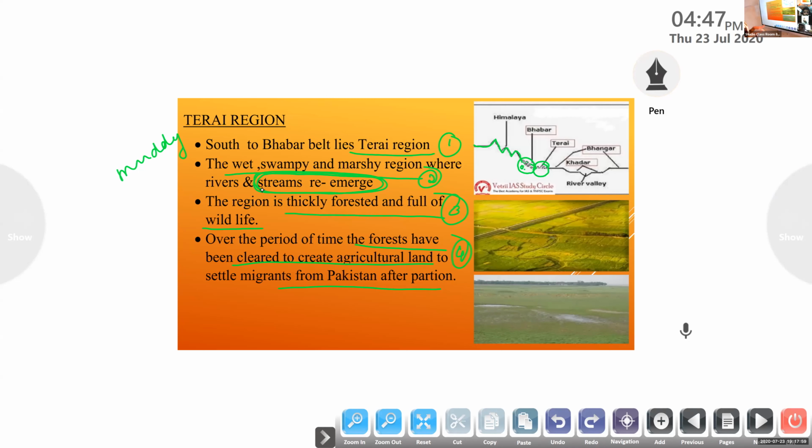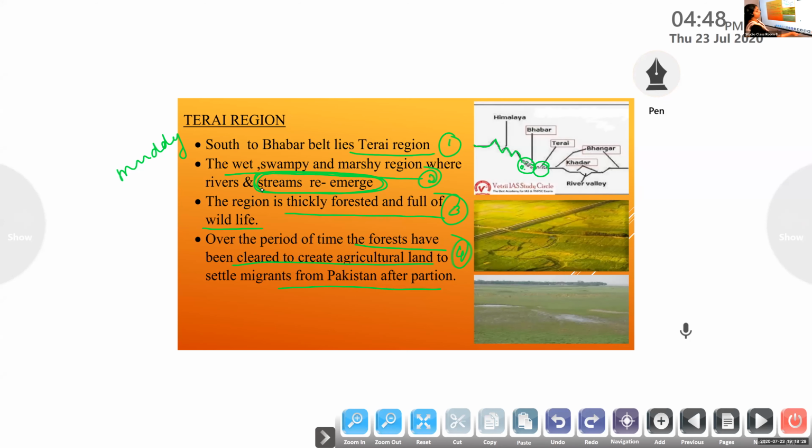The river is there, but in Babar belt, we cannot see the river because of pebbles and stones. But when it reaches Tarai region, we can see the rivers because it's a muddy place. Wet, muddy. Clear? Yes, ma'am.